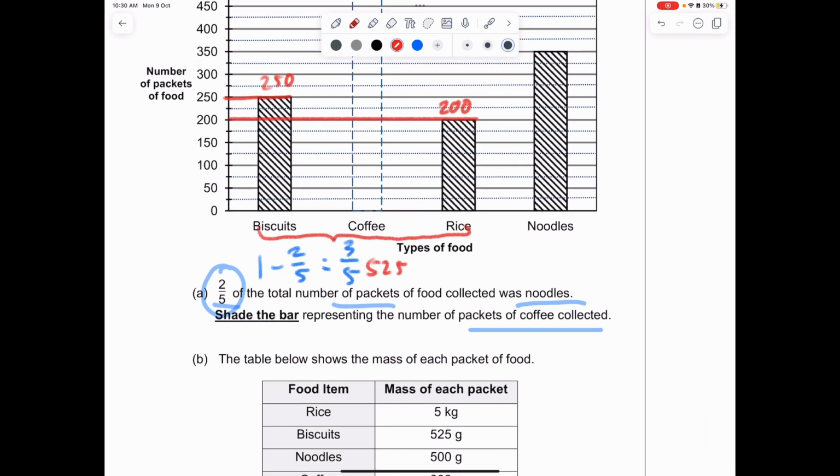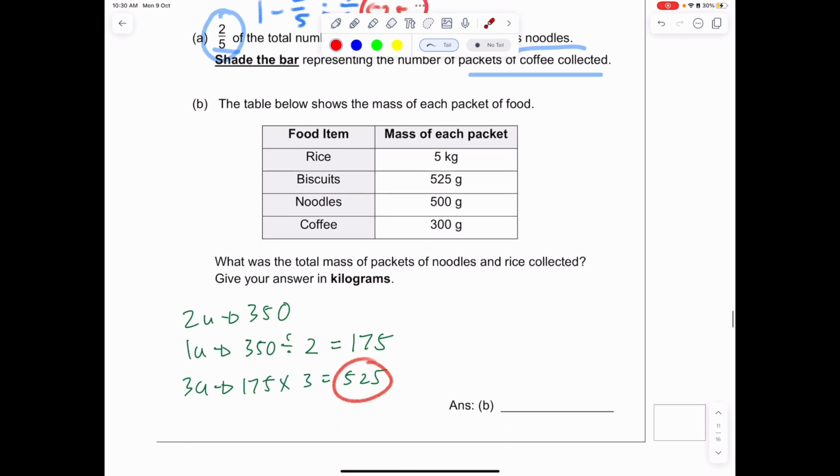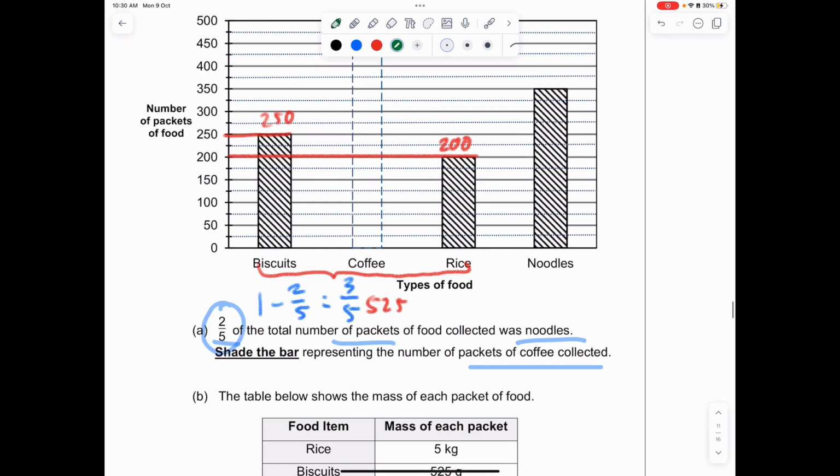So to get my answer for coffee, I will take 525, subtract away 250 and 200. So therefore, 525 minus away 200 minus away 250, my answer would be 75. And then I will color 75. Be very careful. 75 is actually here.